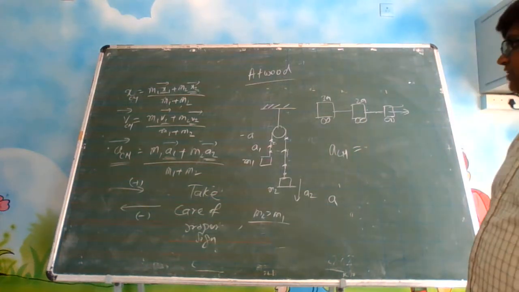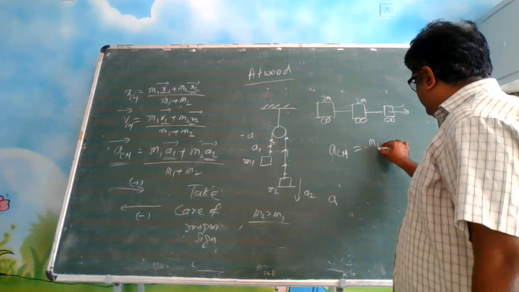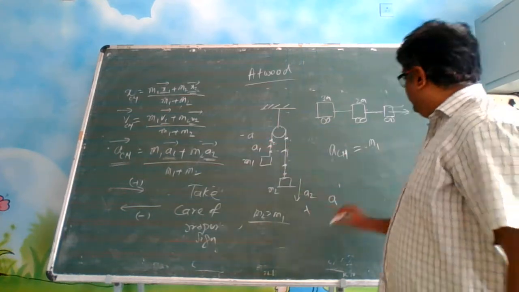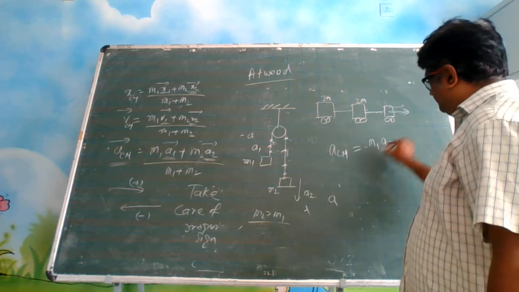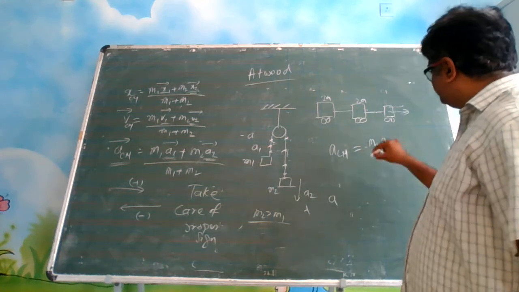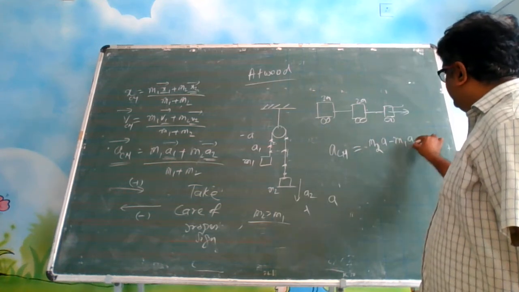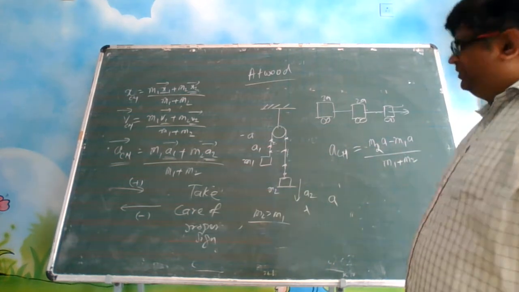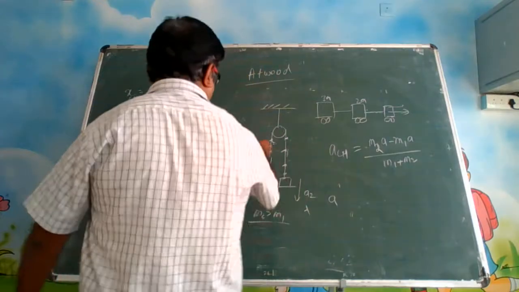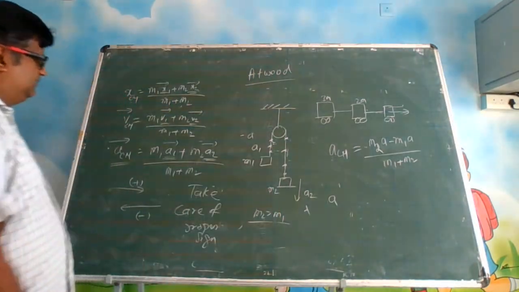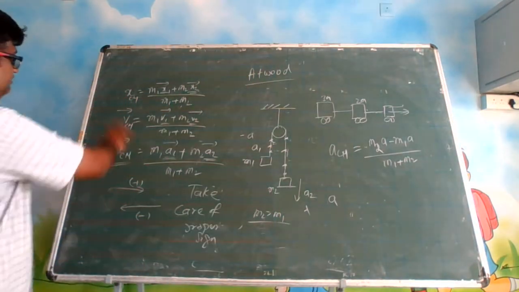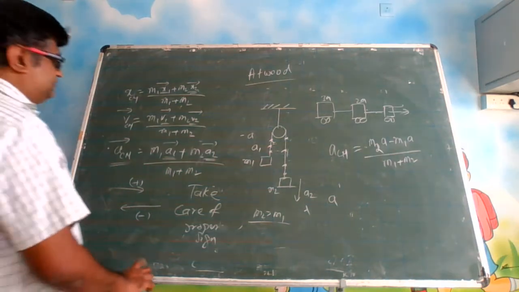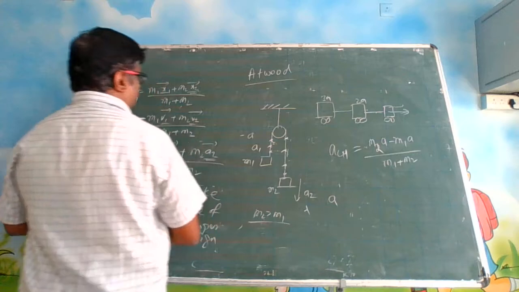Acceleration of center of mass is equal to, calling down as positive so this will be negative, (M2 A minus M1 A)/(M1 + M2). So we have to find this A now. Clear? I will stop this part. Take a screenshot. Understood the question? This setup is called the Atwood machine.